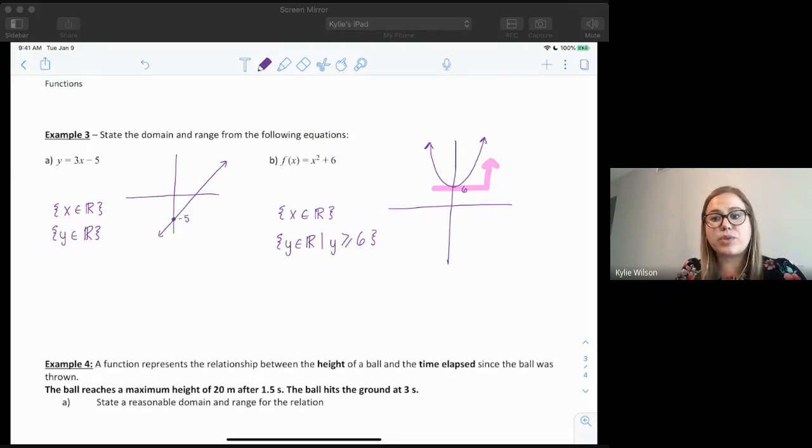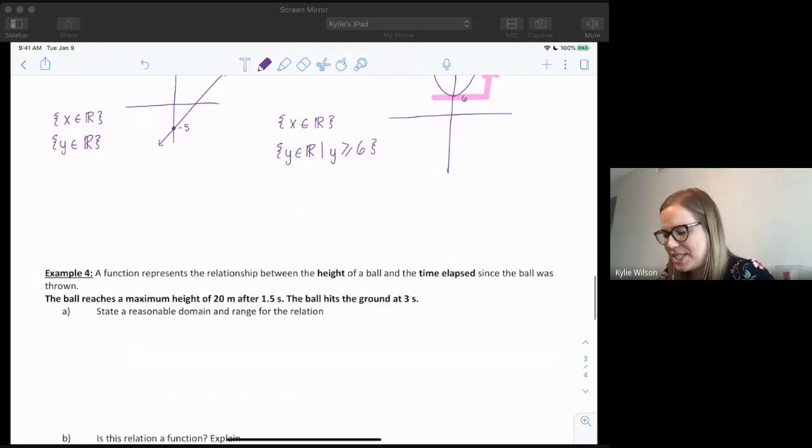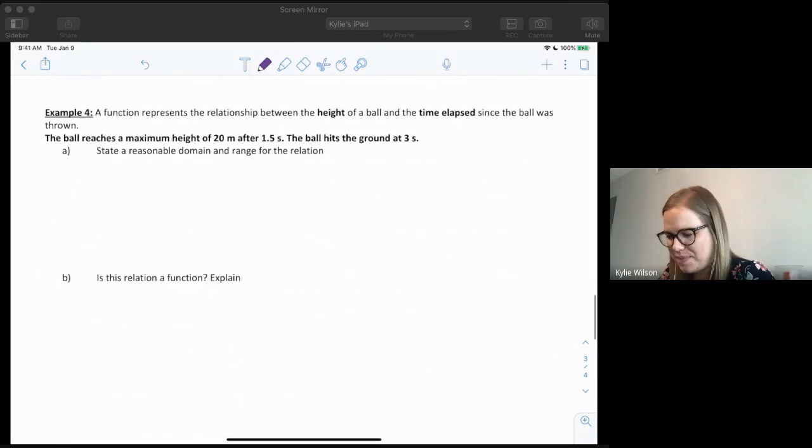Now we have a greater than or equal to here because y can equal 6, right? 6 is on the graph, so y can equal 6 and be anything bigger than that. So that is from an equation.